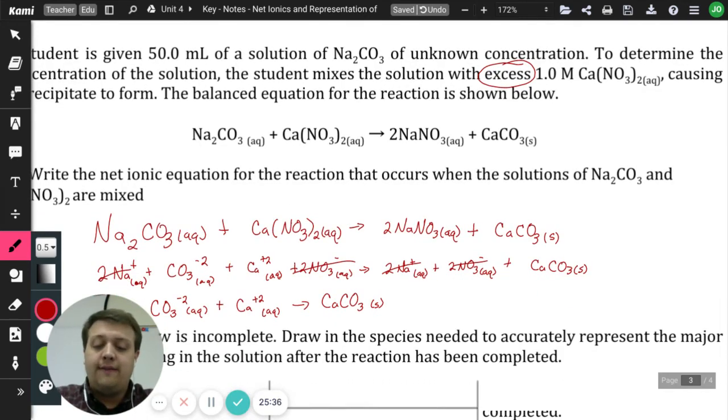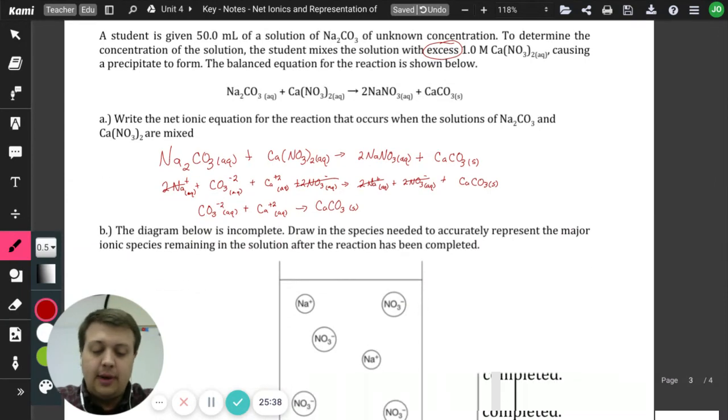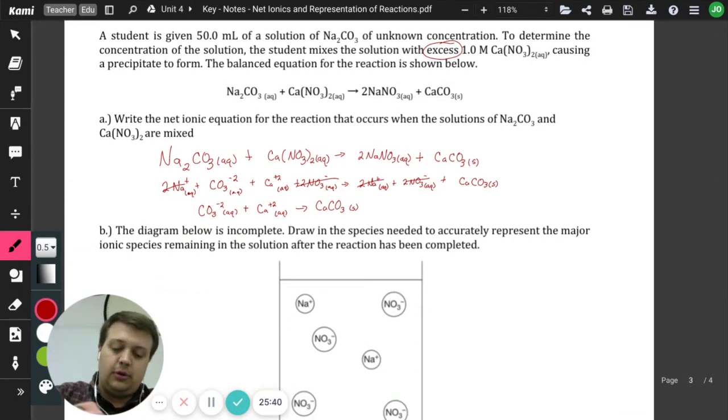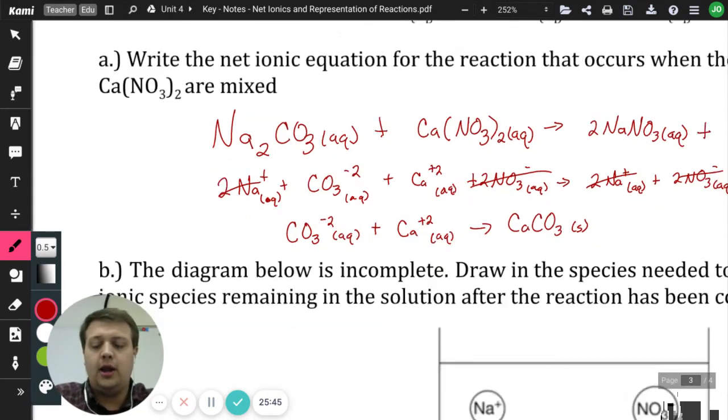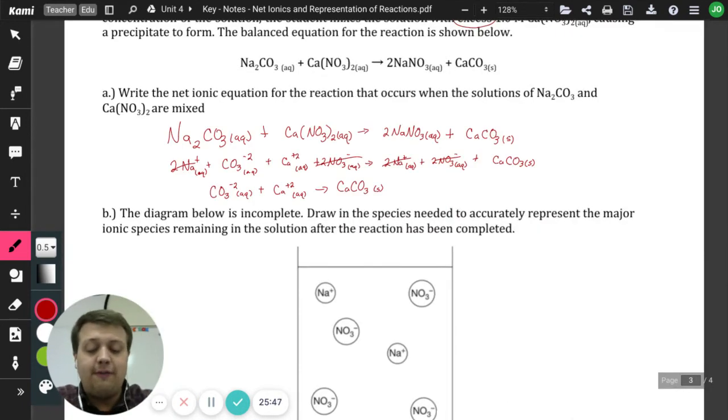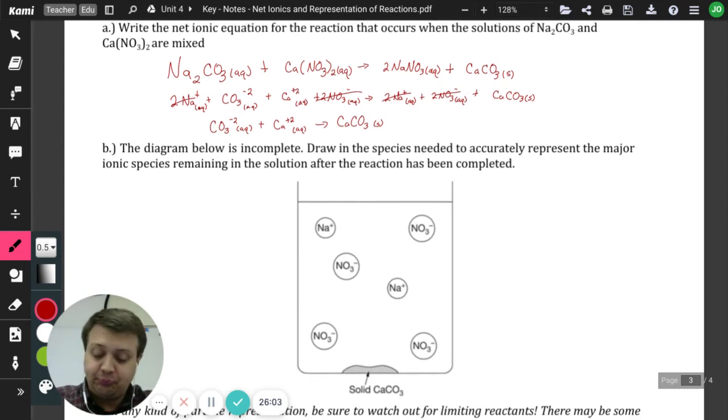Okay, so if I've got my 2 sodium ions, well, if you look back up here, we started with 2 sodium ions, right? Okay, I've also got 4 nitrates. Well, in this reaction, how many nitrates did we use, quote unquote? Well, we used 2, right? So that again reinforces that I had excess of that substance, that calcium nitrate, and so I'm going to have excess of that nitrate, okay?